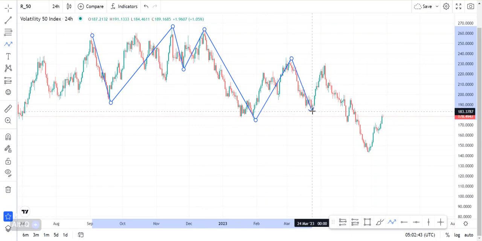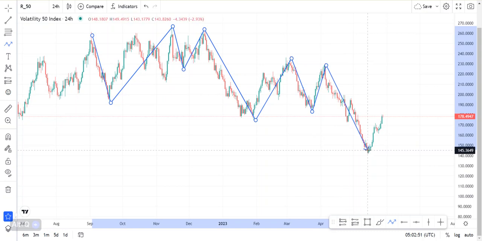Then it did a higher low, then it did a lower high again, then a lower low, then it comes like this.